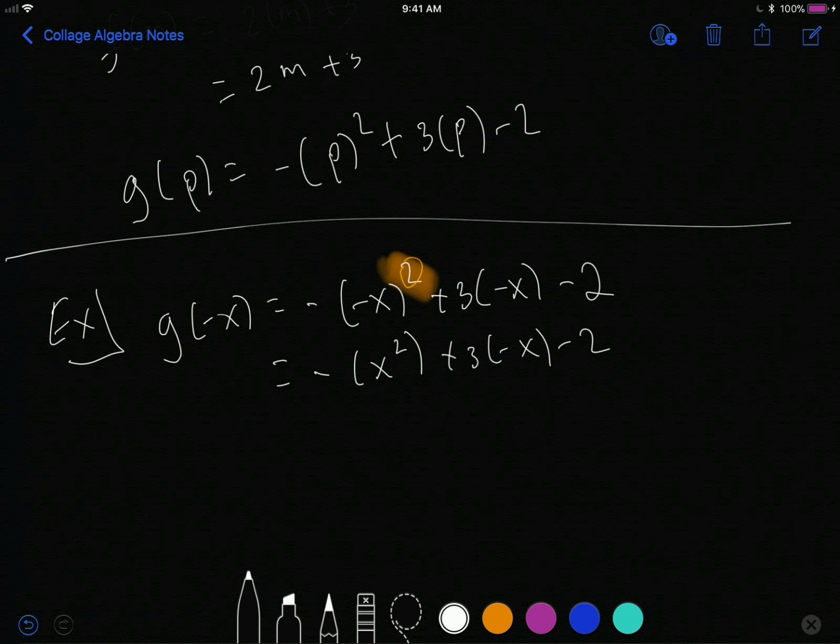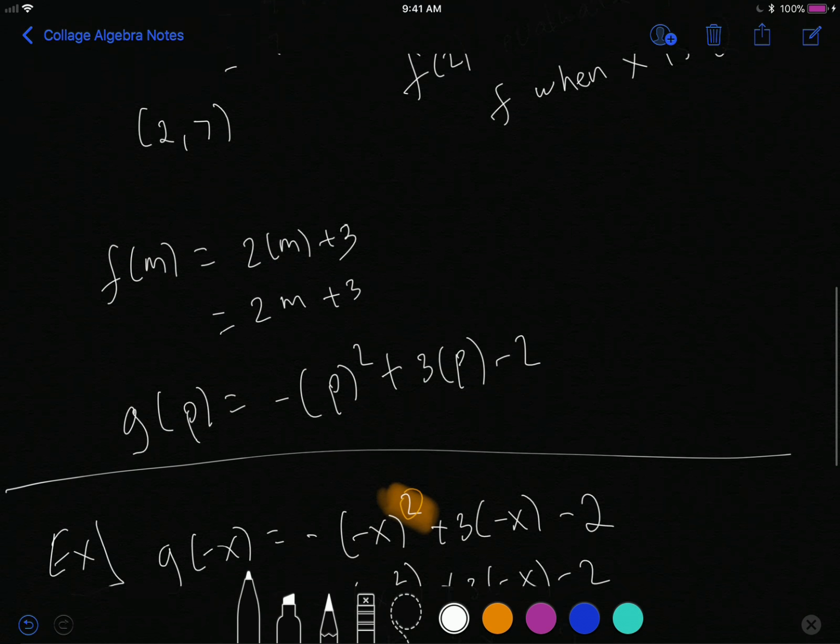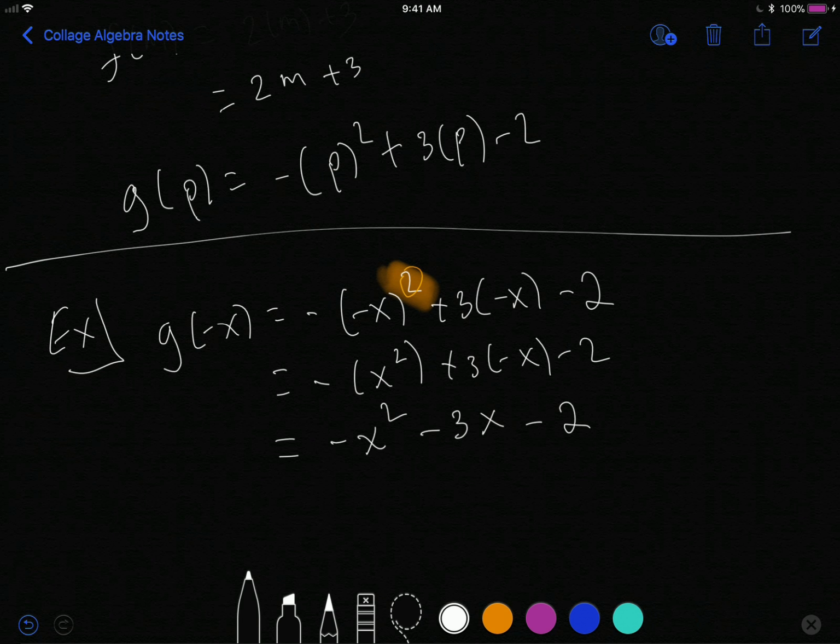Then I can do my multiplications, which would be negative times x squared is negative x squared. 3 times negative x is a negative 3x, and then the negative 2 comes down here. Notice I just get another function when I plug in the negative x into g of x. Another key thing to notice is that the x squared term remained the same as the original g function, negative x squared, while the 3x term, when I plugged in the negative x, became a negative 3x.